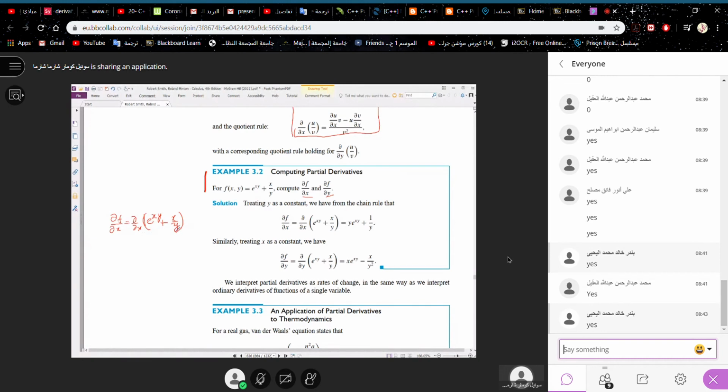This is the value of f, just you put here. So this will be e to the power xy into derivative of xy.